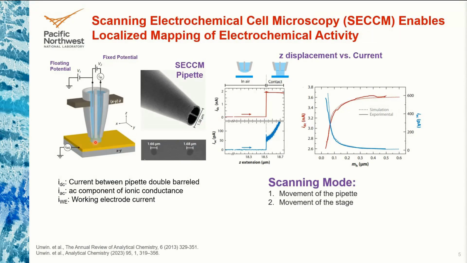So you can land on the surface and scan through or raster through. You can do hop in and hop off mode to go between two places, or you can continuously make a series of pixels, a line scan. Once you land on the surface, you can essentially do any type of electrochemical technique, like cyclic voltammetry or electrochemical impedance spectroscopy, or any AC and DC technique.